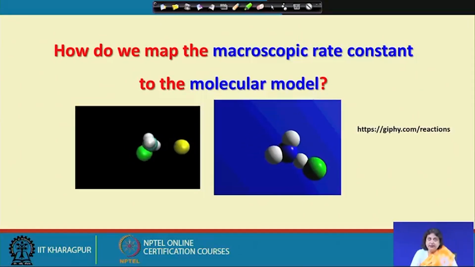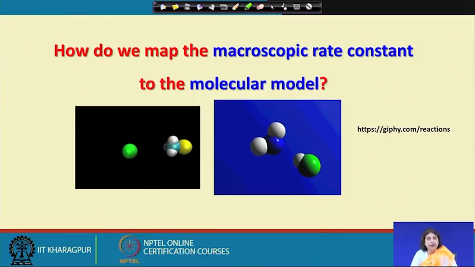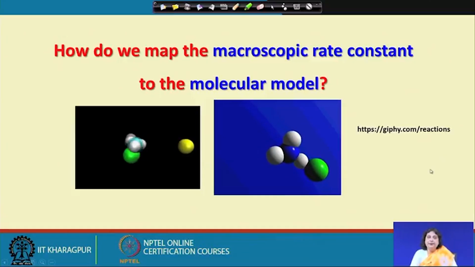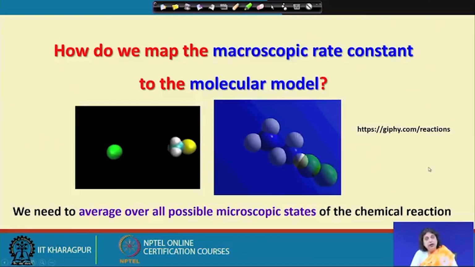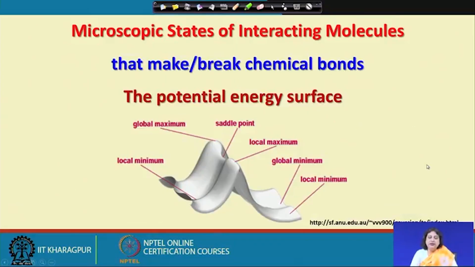Therefore, if we ask this question, how do we map the macroscopic rate constant to the molecular model that we are usually using to understand them? The answer is we need to average over all possible microscopic states of the chemical reaction. And therefore, this brings us to the question of how do I model the microscopic states in a system where, unlike the previous cases that we discussed, we do not have non-interacting molecules.